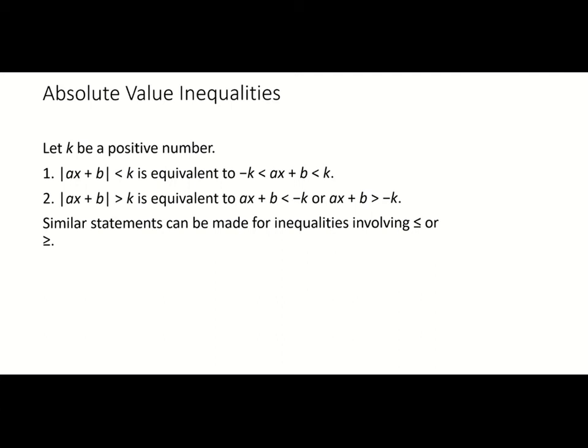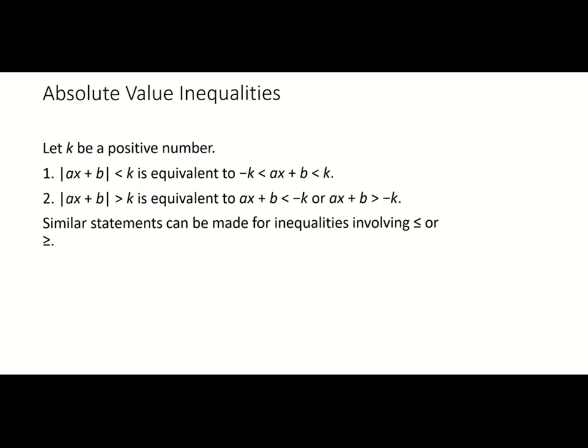Okay, we're going to solve absolute value inequalities next. That's the last part of the section. And when we solve an absolute value inequality, here we have to pay attention to our symbol. If your absolute value part right here is less than or equal to k, then you're actually going to set up your equation like a compound inequality.